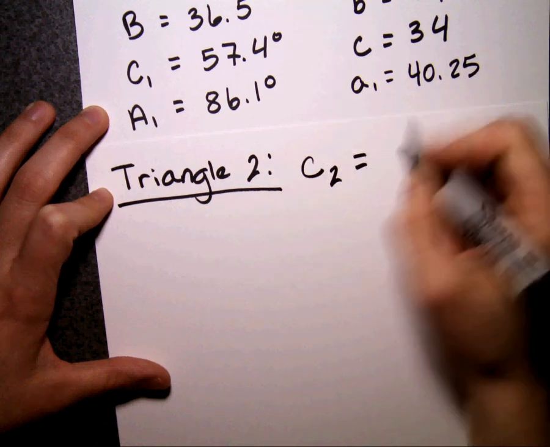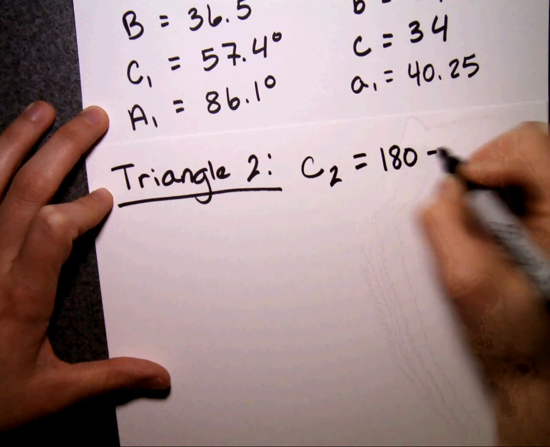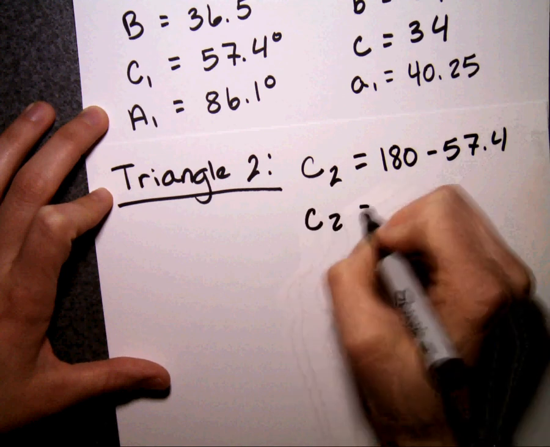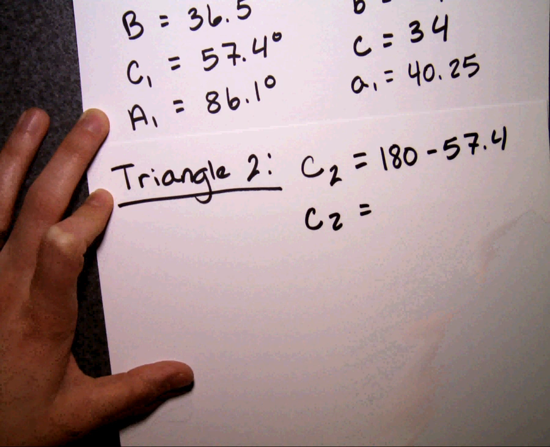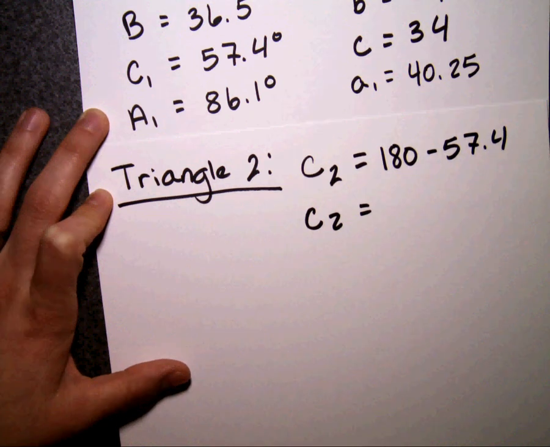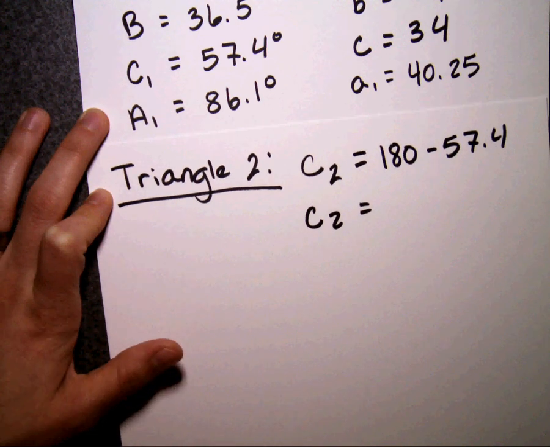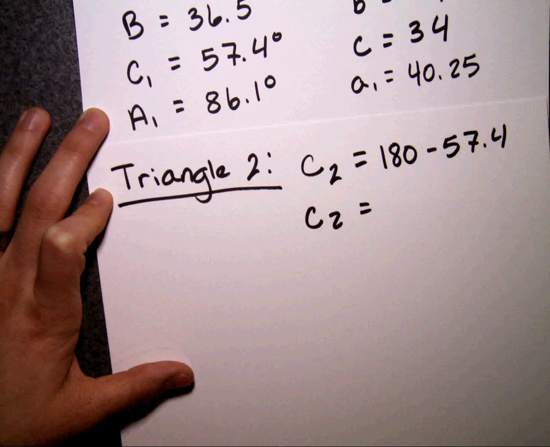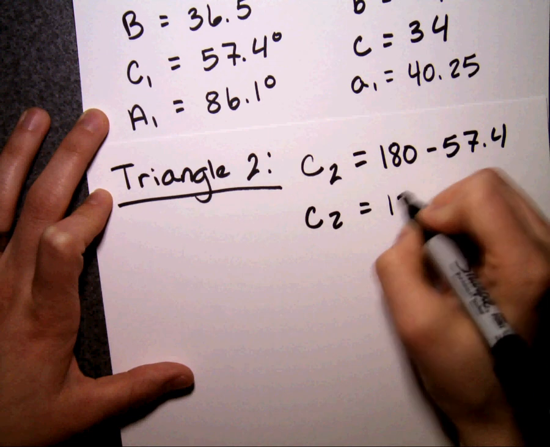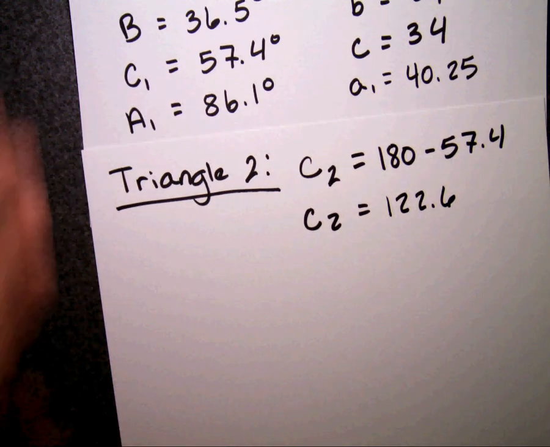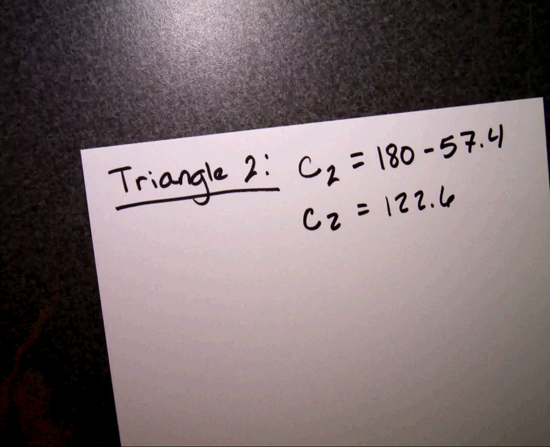So C2 equals 180 minus 57.4. We have 122.6. Now the whole rest of the process is going to be exactly the same as the process that we did for the first triangle.